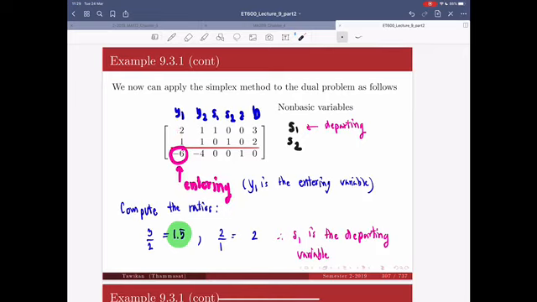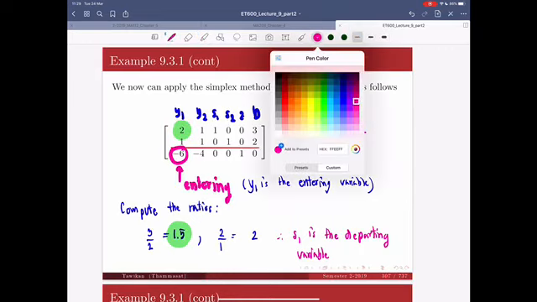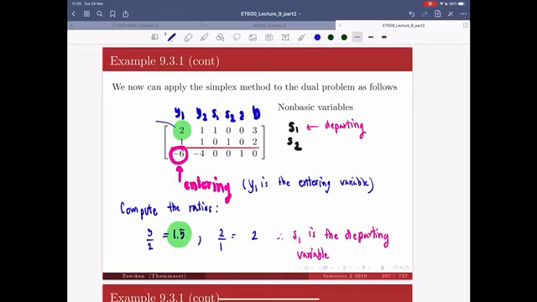That means I'm going to divide the first row by 2 just to create a leading one in that spot. You can even say that this is going to be a pivot number, or pivot element. So I'll just go ahead and divide the first row by 2.